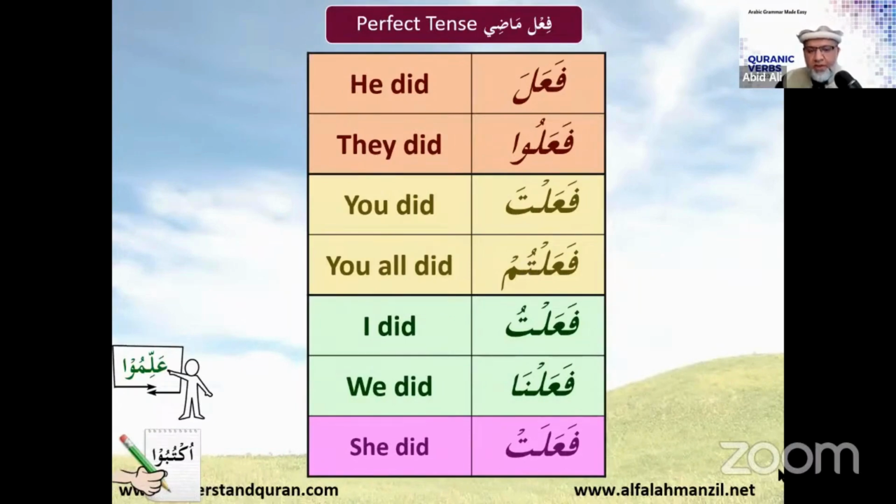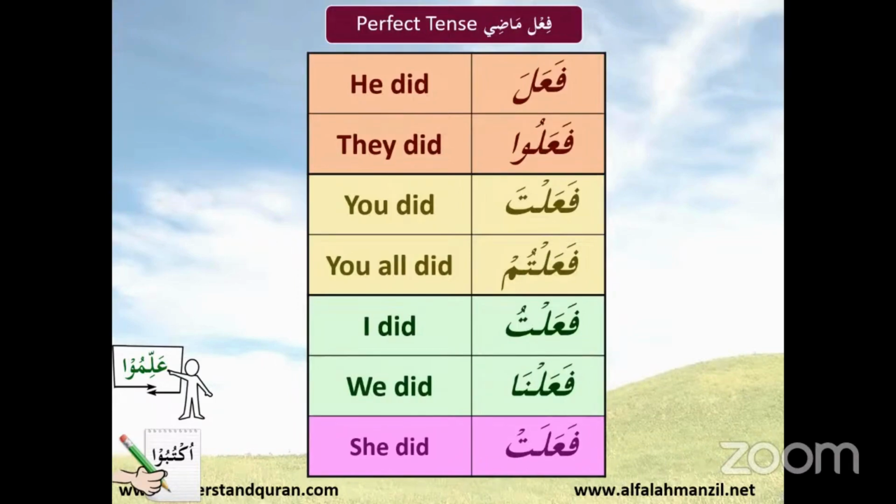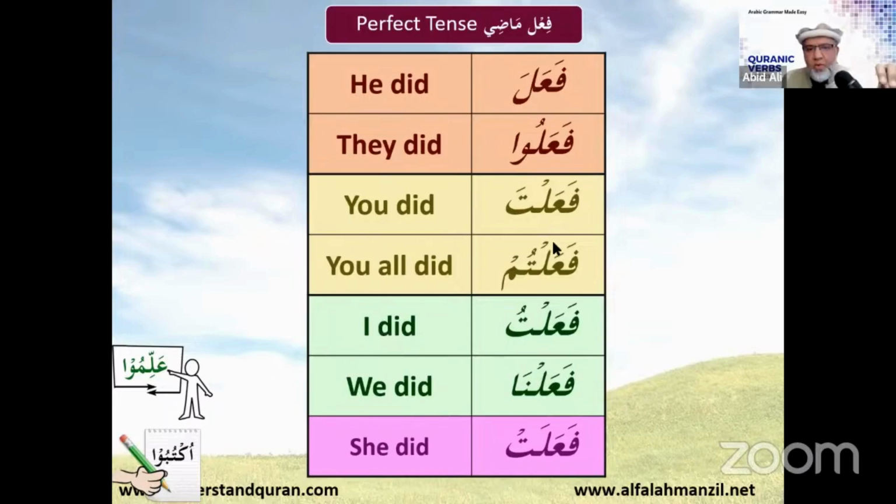How many sigas do we have? 14. But I'm only showing you 7 of them. Fa'ala, fa'alu. Which one is missing? The musanna one, the dual ones. Fa'ala is missing, right? So this course was a very basic course where all the complexities were removed.